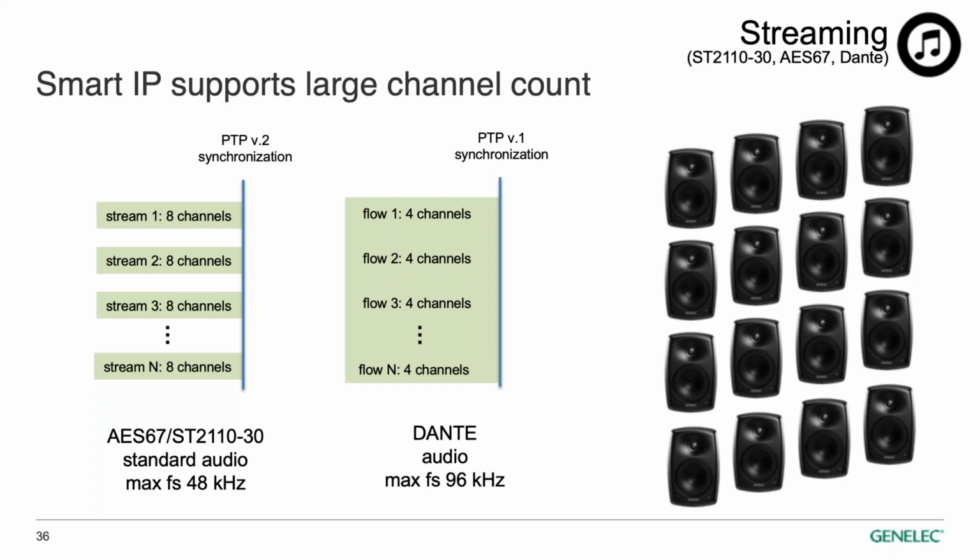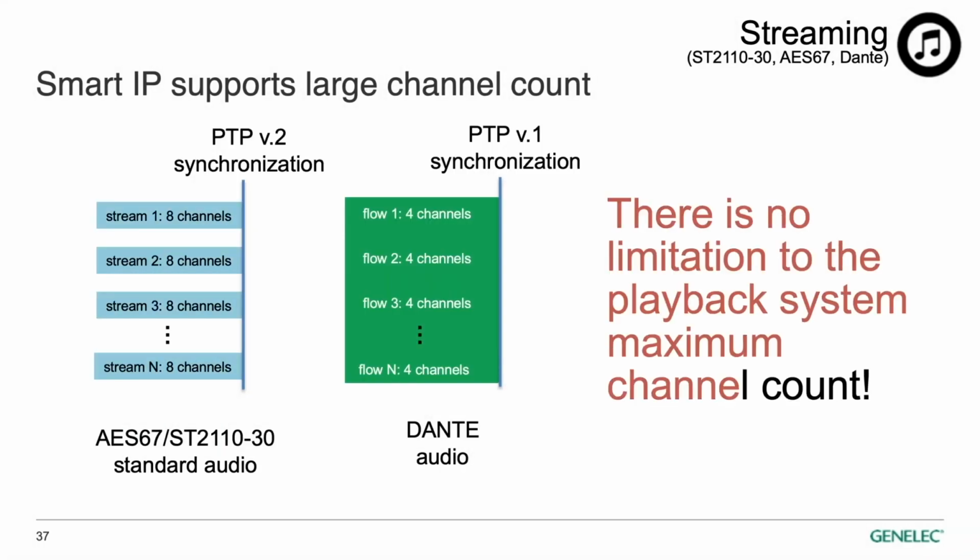But this means that the streaming device, the source for the signal into the network, can have a lot of channels, easily 24 or 64 or even 128 channels, from a single network port. And then the channel count of the playback system has no limitation.